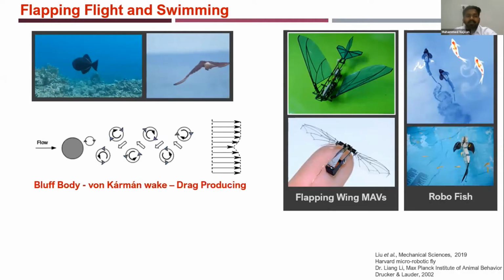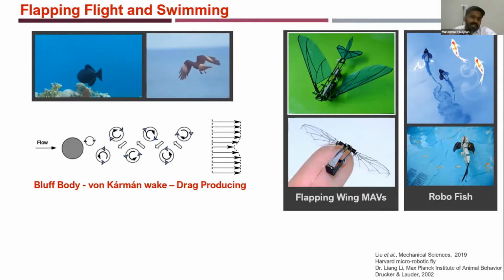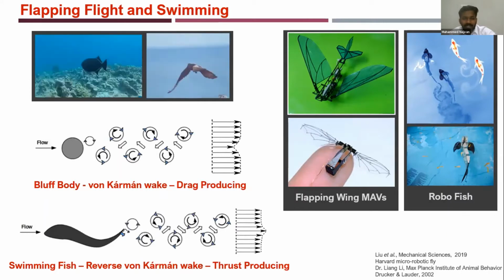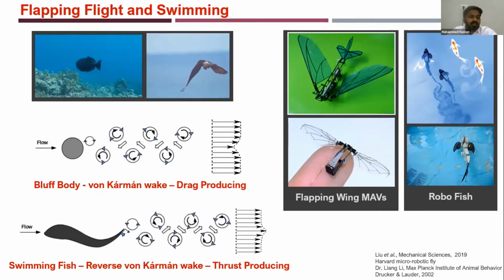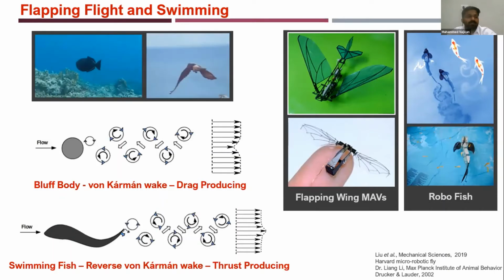In the case of a bluff body, the vortices are arranged in such a way that they induce a velocity against the flow. This is called a von Karman wake, and the body experiences drag. Now, if the body flaps beyond a certain frequency or amplitude, the vortices switch their orientation, and it is known as the reverse von Karman wake, where the body experiences thrust due to the velocity induced in the direction of the flow.